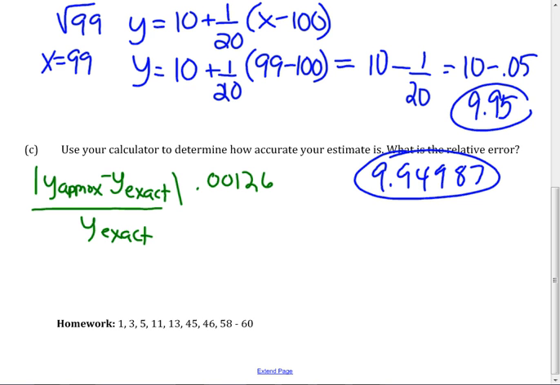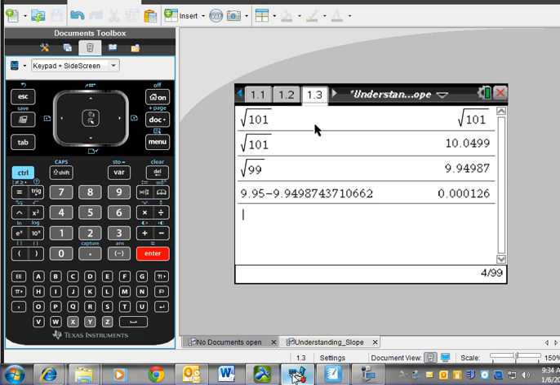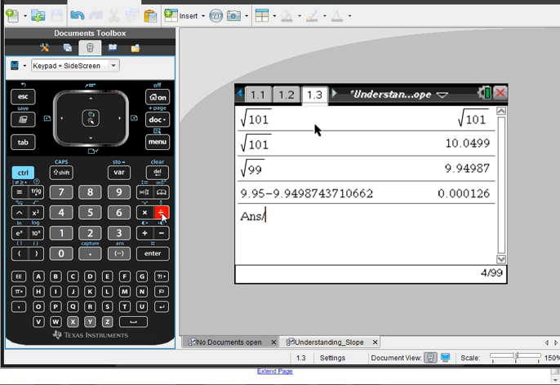That's just the difference between my estimations. This is my approximation. That's the actual one. So I have to divide by the actual one. So I'm going to hit divide by, and I'm going to go back up and pick up that. And you always have to use all the decimal places when you do problems on the exam.